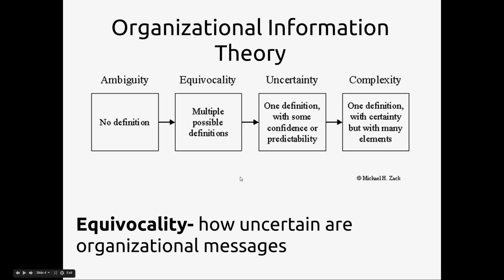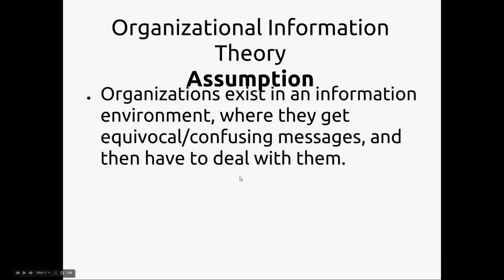What's important is to make a note of the fact that any kind of confusing message, whether it's complex, uncertain, ambiguous, or equivocal, those are all different types of confusion that any organization is going to have to deal with. And so now we'll talk about first some assumptions this theory makes, and then how organizations deal with confusing information. And then we're done with all the material for today.